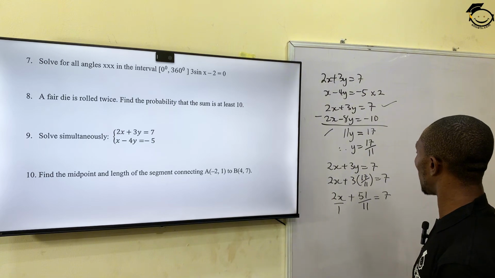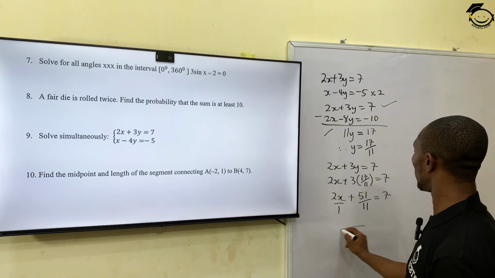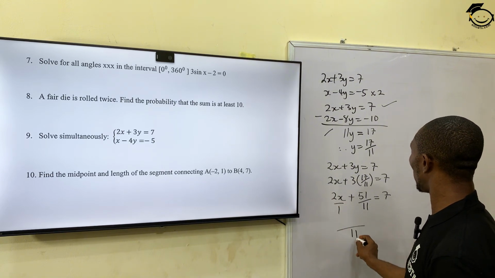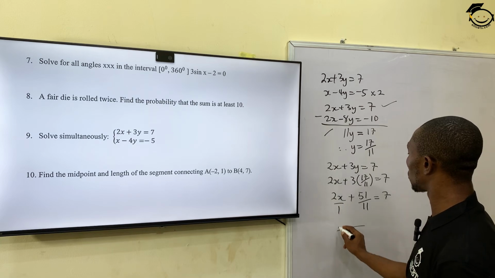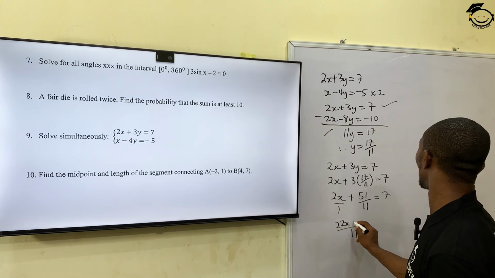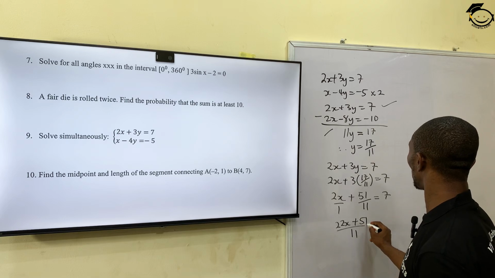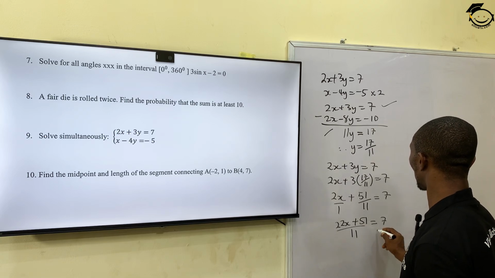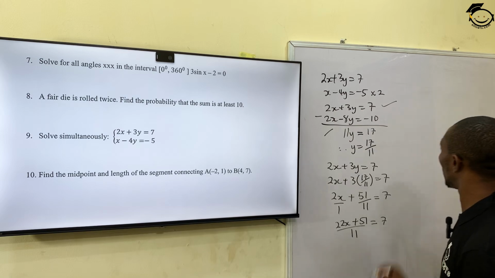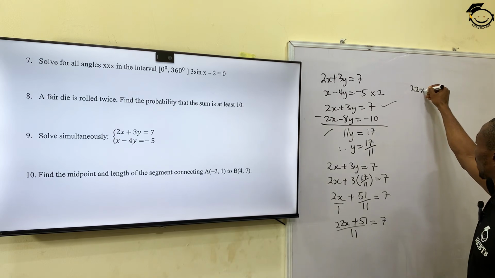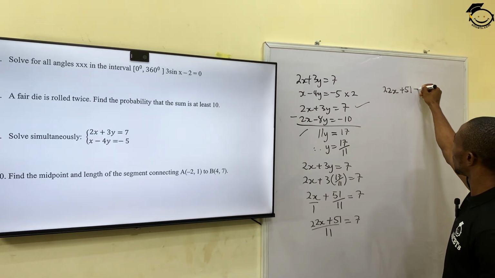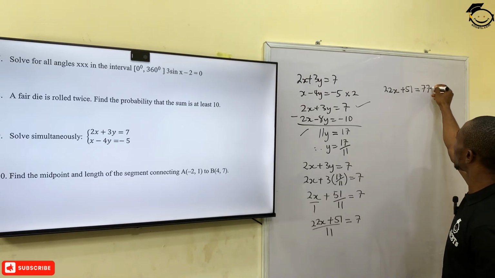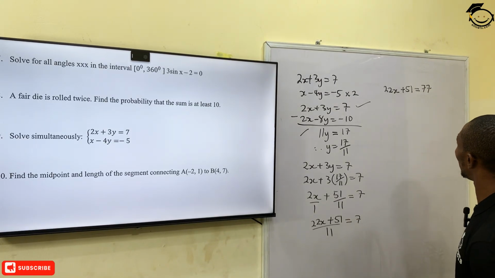Finding our LCM gives us 11. 11 times 2 is 22x plus 51 equals 7 times 11. Cross multiplying gives us 22x plus 51 equals 77. 11 times 7 gives us 77.